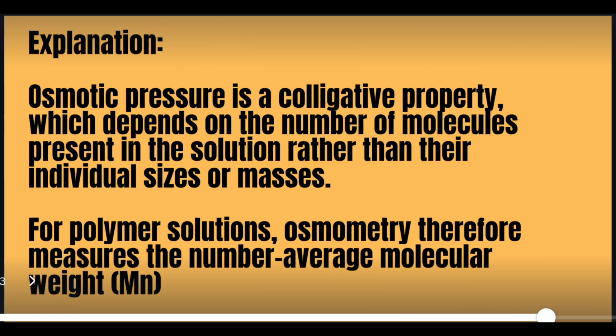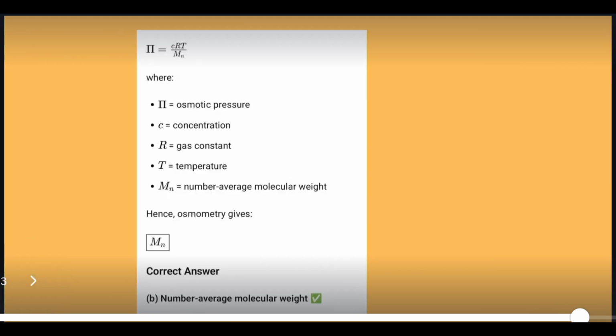See, osmotic pressure is a colligative property which depends on the number of molecules present in the solution rather than their individual sizes or masses. For polymer solutions, osmometry therefore measures the number average molecular weight, that is Mn.